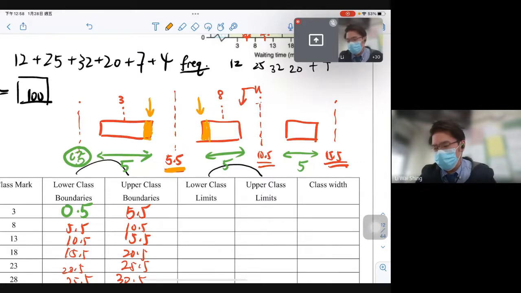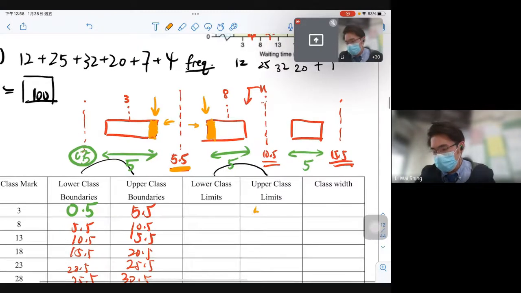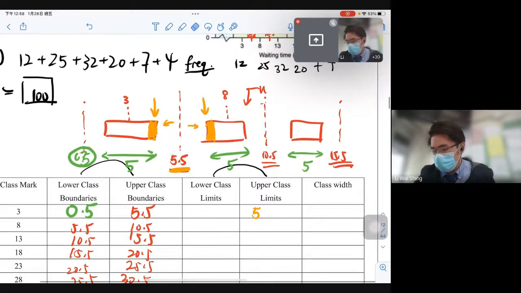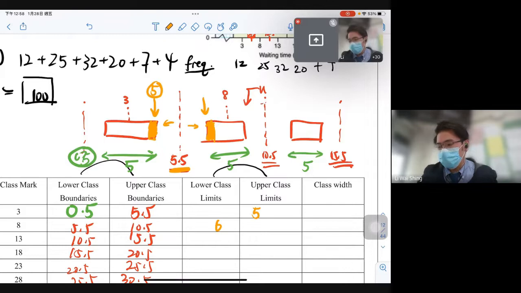What should be these two values? You move 0.5 back, so it should be 5. And you move 0.5 further, so it should be 6.